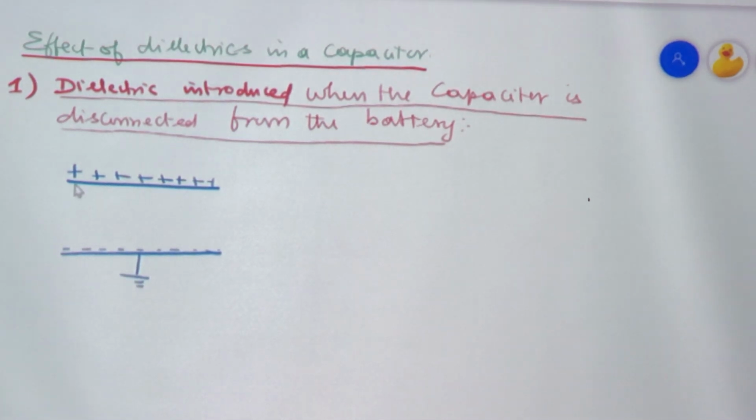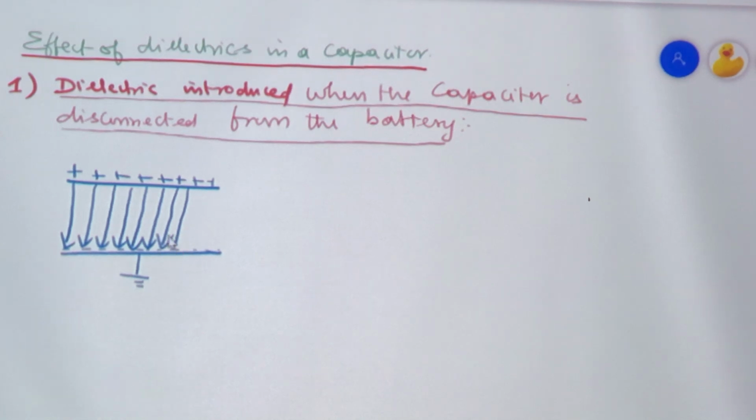So the electrical lines of force will start from one plate to the other plate. Since the distance between the two plates is very small, the electrical field lines are parallel to each other and straight. So the electrical field in between the two plates is considered to be uniform. That's all. Let us write a small description for this.